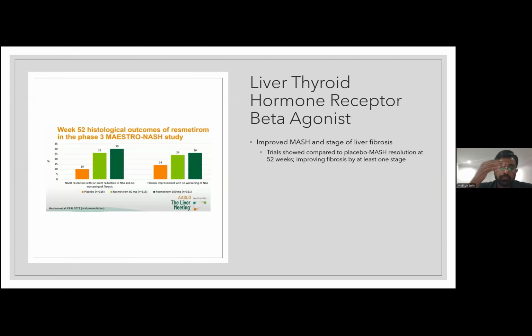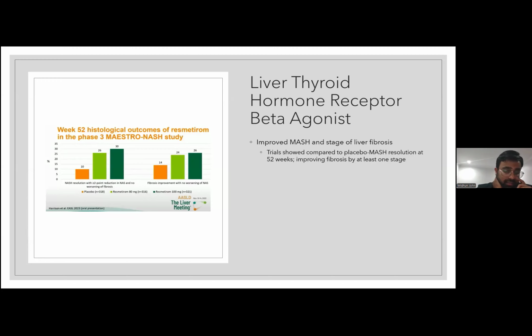So the Maestro MASH study essentially looked at patients over a 52-week period, and the trial compared resmetirom to placebos, and they found that there was MASH resolution at 52 weeks, improving fibrosis by at least one stage.